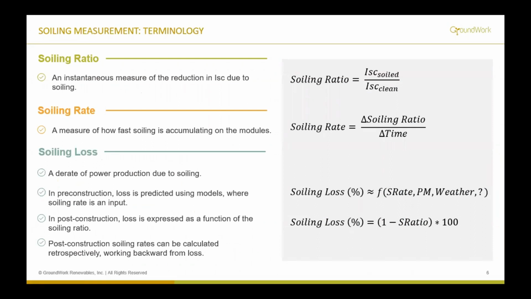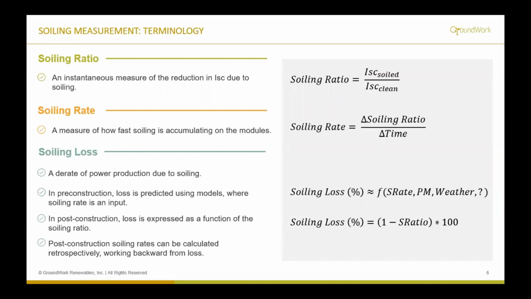When it comes to soiling loss, there's a distinction between how we look at soiling measurement data in pre-construction and how it's used in plant operation. In pre-construction, the goal is to be able to predict soiling losses over the long haul once the plant is in operation. And as this group knows, this is done using models. There are various published models out there, and some performance engineers and IEs have come up with their own models to generate these numbers.